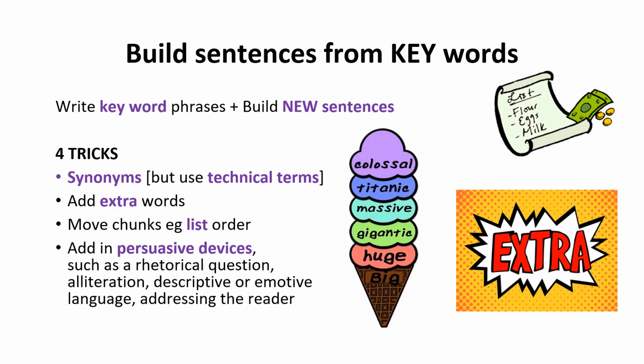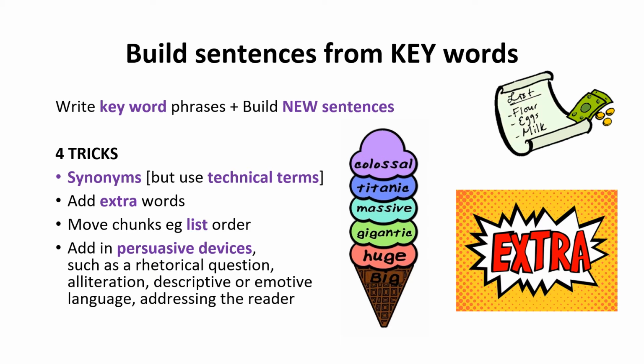So let's just look at building sentences from keywords as one really useful method. We have to go through and find the keywords, and then how do we make it look different? Well, we use synonyms, but we don't chuck away the technical terms. If it says planet or earth or dinosaurs, we don't reword that. We add lots of extra words of our own.